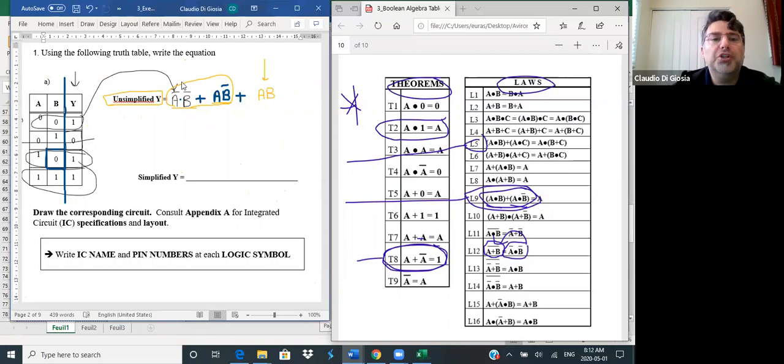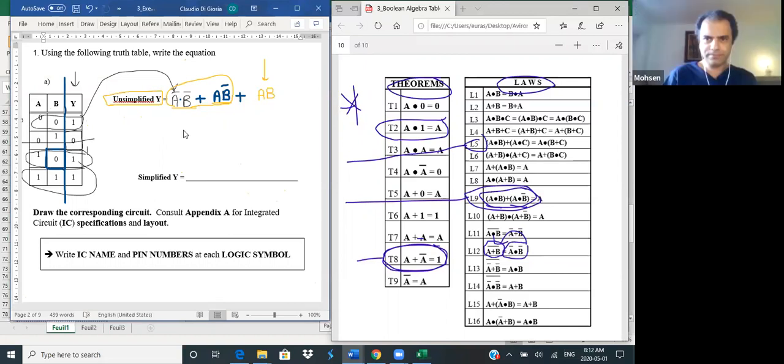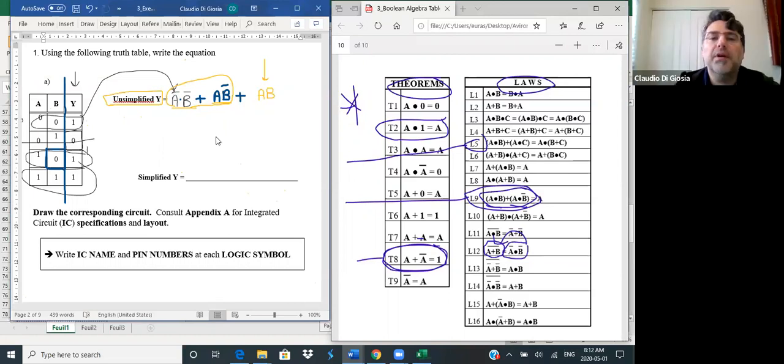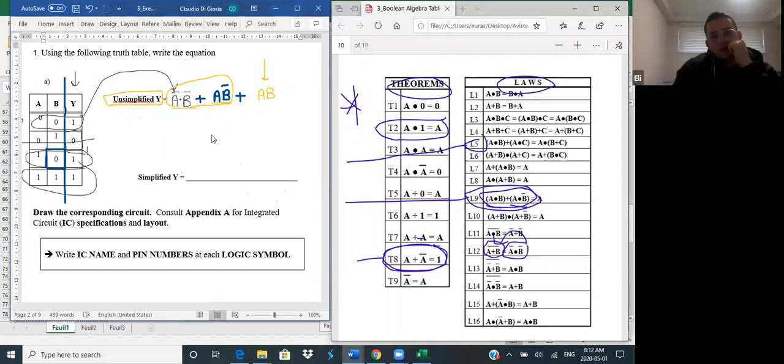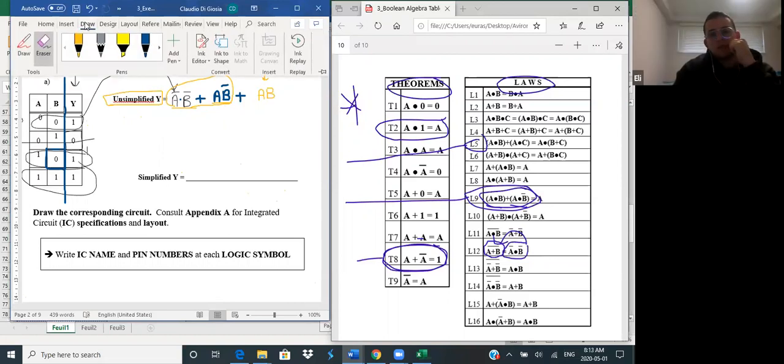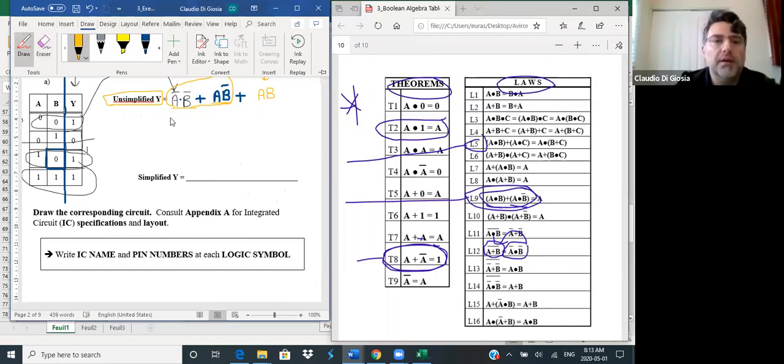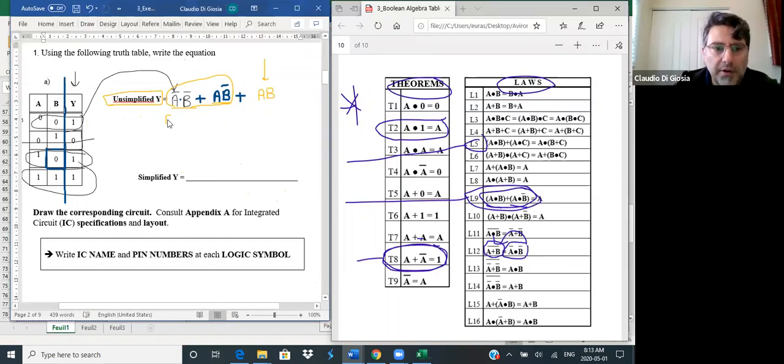Okay, I'm choosing these two. Good, Ellie? Okay, between this group here and this group here, what do I have in common? The B naught. So here, I'm going to write down B naught.